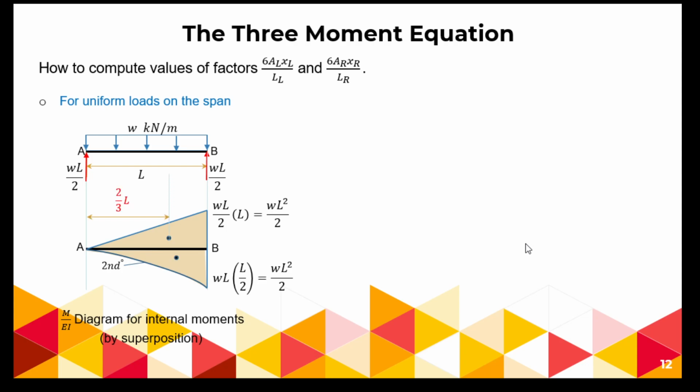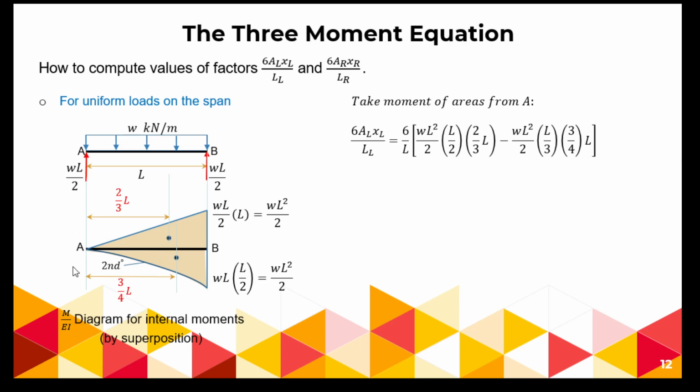Then you have to compute for the centroids from either point A or point B. And then take the moment of areas from A. Pag silingan ni take the moment of the areas, get the area of the M over EI diagram here times its centroid from A. Ang mga may arak ta di sang aton equation.